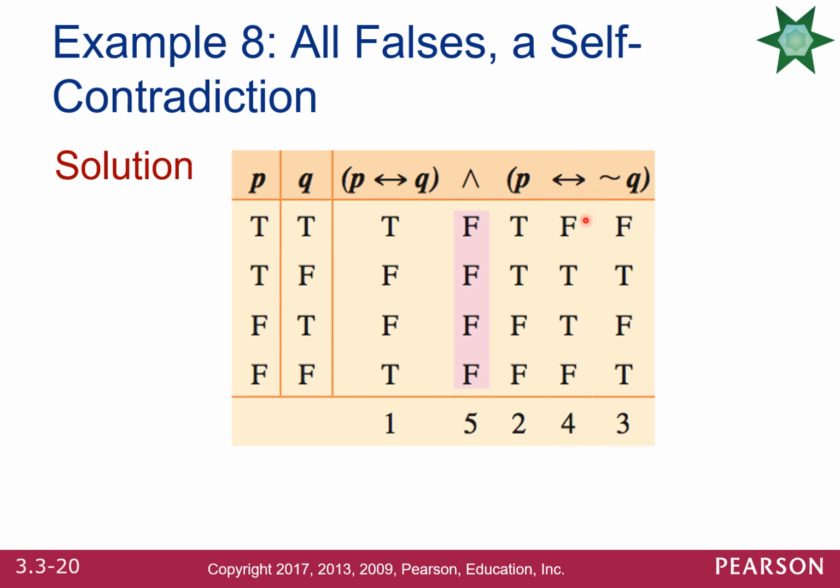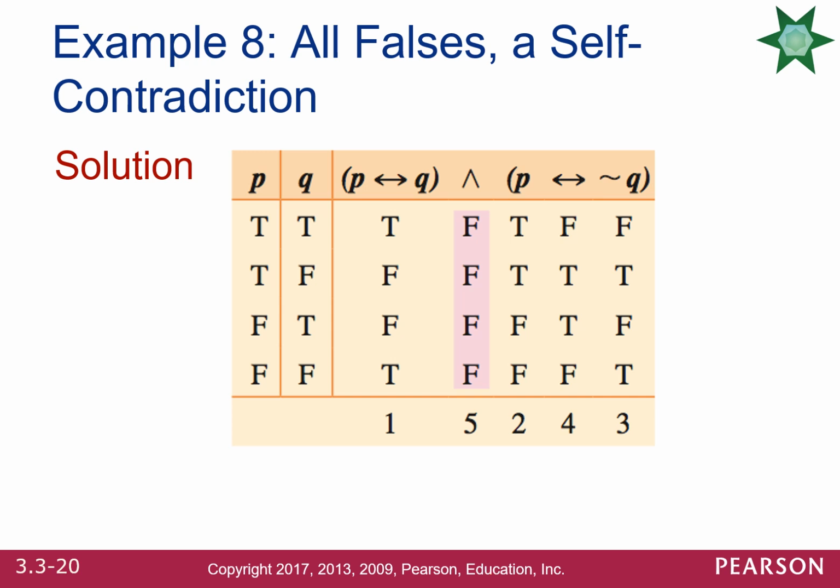Again, same logic. If any one of them is a false, then it'll result in a false. If both have the same value, it'll be true. So T and F should give us an F. T and T gives us a T. F and F gives us a T. They are the same value, even though they are false. It's the same value, therefore a true, and then F and T results in a false. All right, so that was the fourth step.